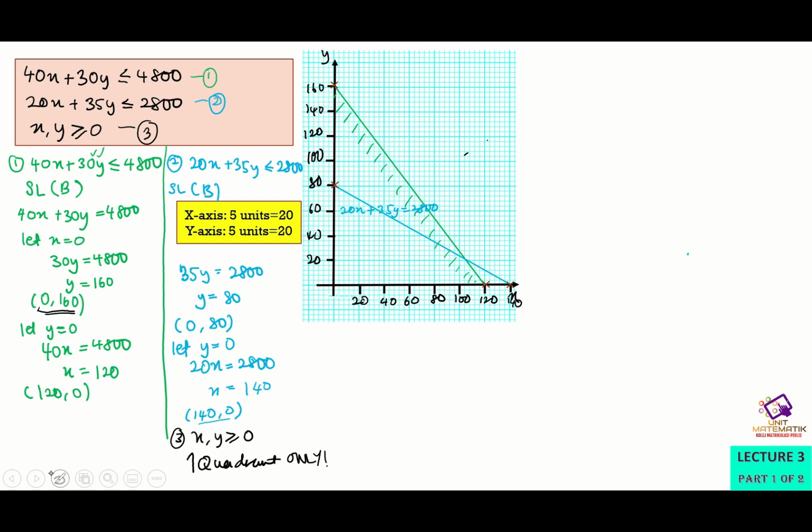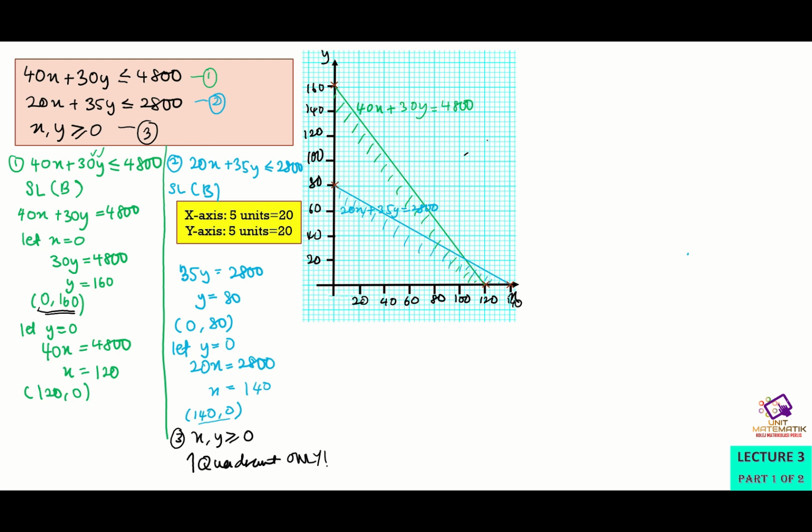And then for the first inequalities, we have 40x plus 30y less than or equals to 4800. Okay. The region for the second inequalities is below. So here.